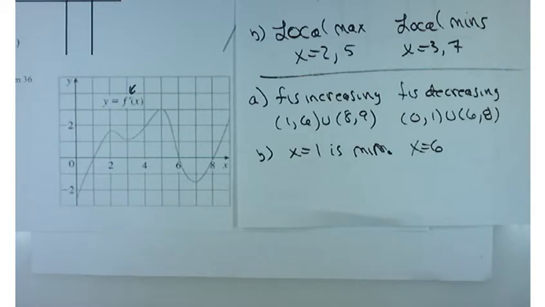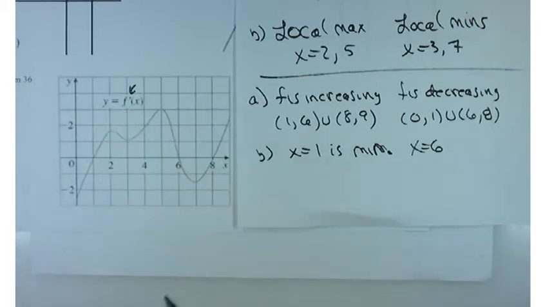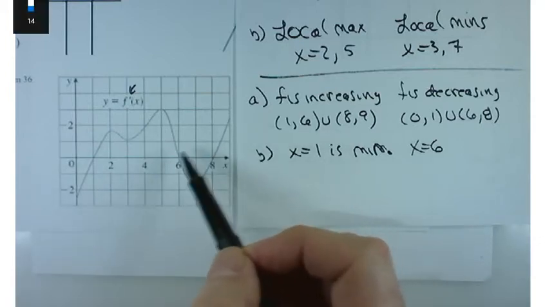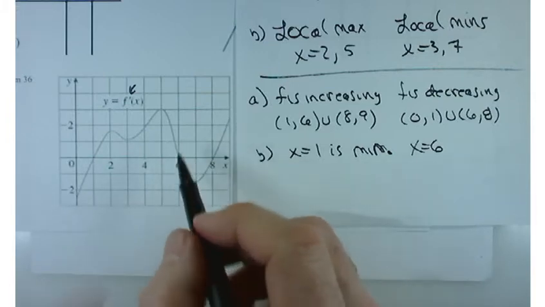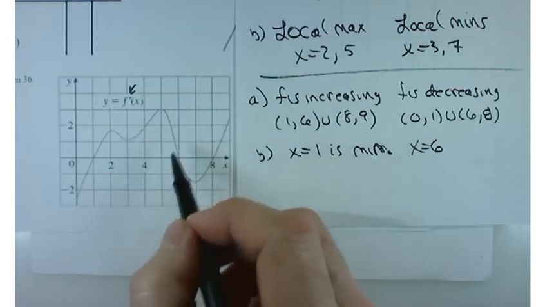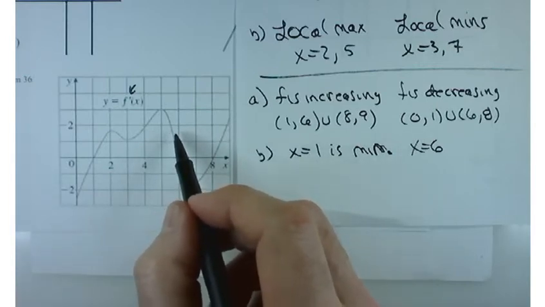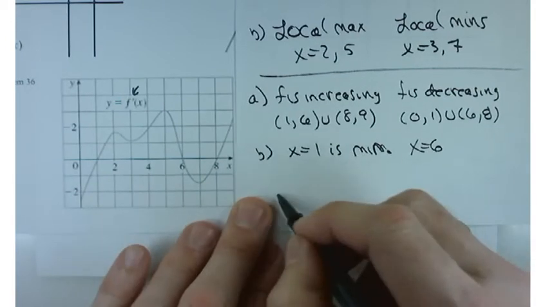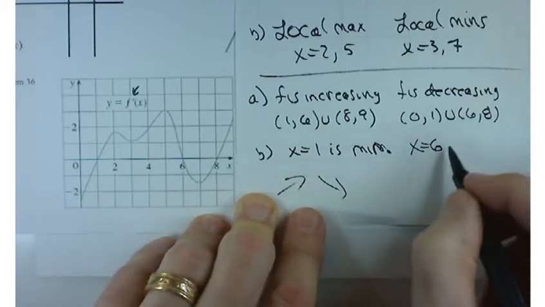Inflection would be if we had a graph of the second derivative. You're going from increasing to decreasing. So your function is going up and up and up, and then it starts going down. So from increasing to decreasing has to be a max.